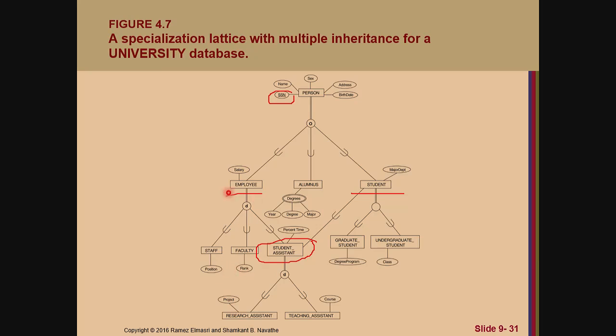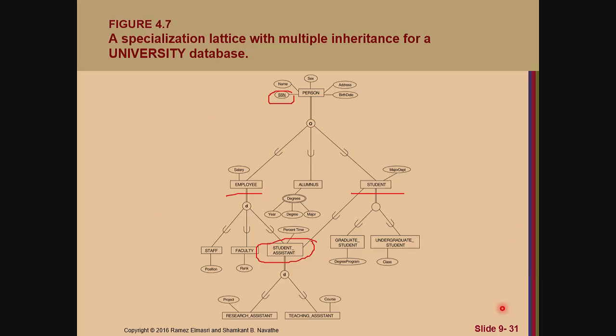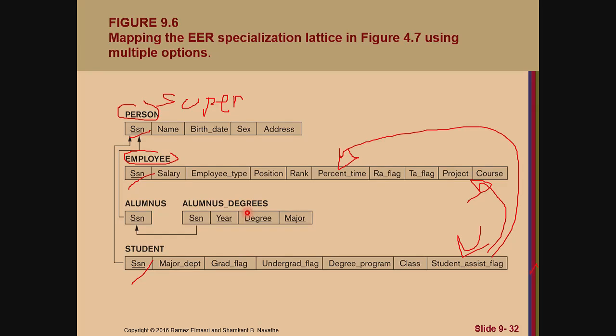They have employee, and they have subclasses. What is that? Staff, faculty, and student assistant. In the table employee, if we use the technique of combining everything together in one table, with overlapping or discriminator, the employee superclass belongs to just one subclass. And this one is total participation. If this one is total participation, you can combine everything together as one table.